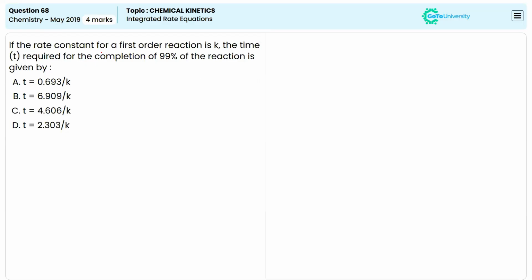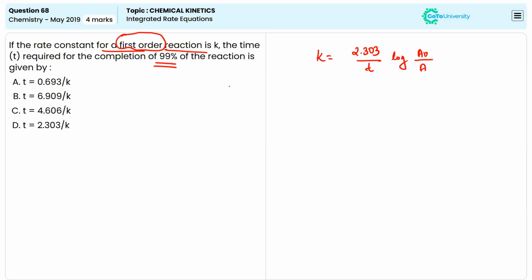The next question: the rate constant for a first order reaction is K, and we have to calculate the time required for completion of 99% of the reaction. It is given that the reaction is first order, so we know the equation for the rate constant: K is equal to 2.303 by t logarithm of initial concentration divided by final concentration.